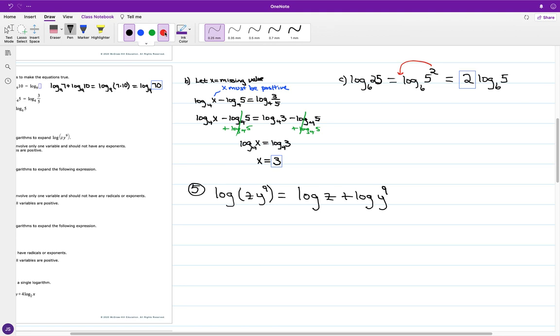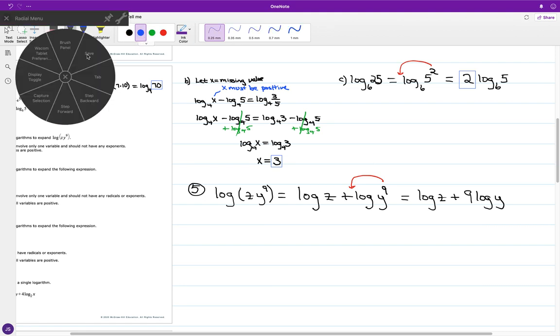Again, I have an exponent with 9, and I just convert this into a coefficient. So this will come out to the base 10 logarithm of z plus 9 times the base 10 logarithm of y.